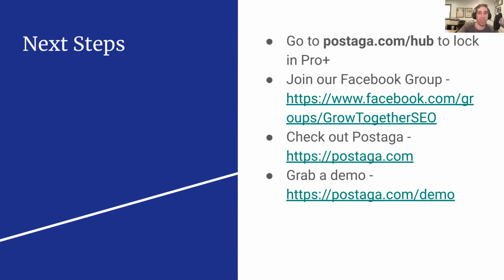Reach out to support@postaga.com and we can help you reset the campaign generator if you want to run that again. We literally just launched the Content Hub last week, so we're going to be adding a ton more to it over time. This is version 1 of the Content Hub.